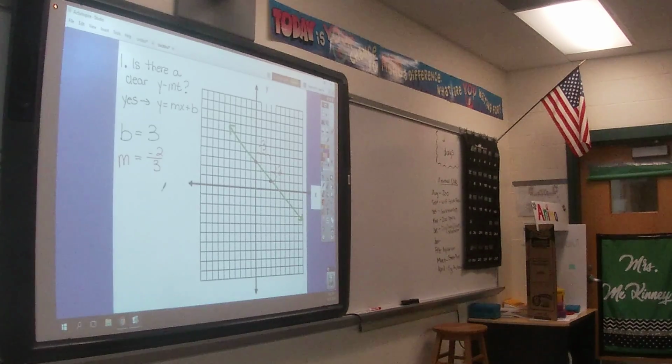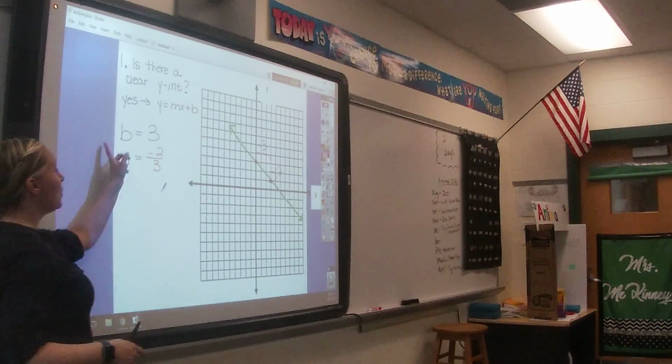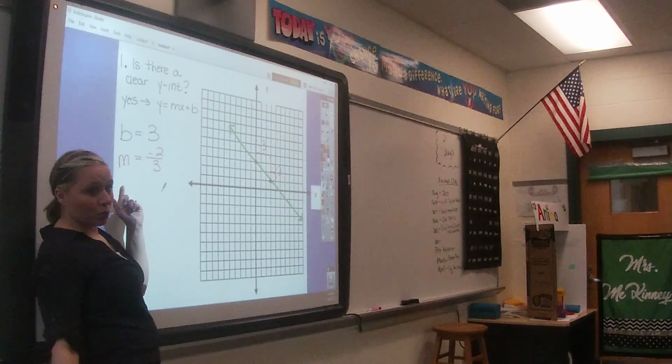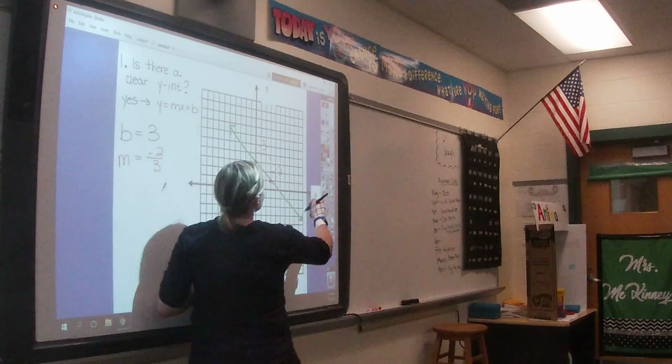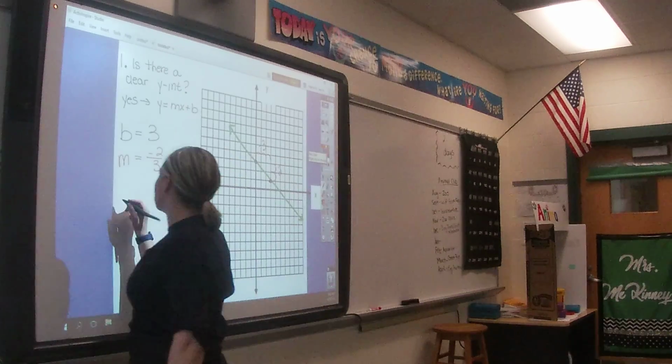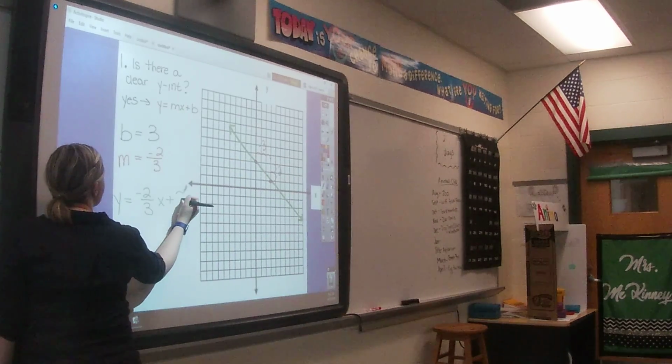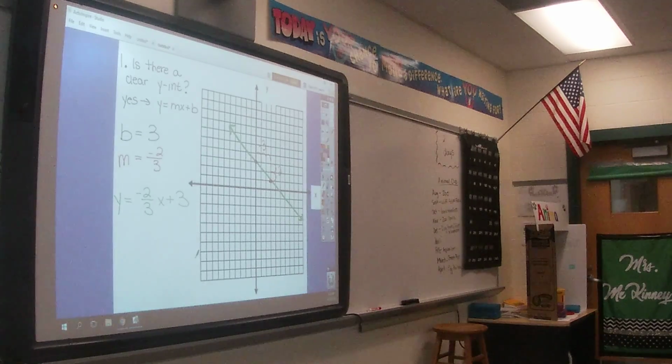We've already assessed on that. That's been on quiz number 3. So now that we have this info, we can just plug it into slope-intercept form, just like we were just practicing. So we'll say, that then tells us that y equals negative 2/3 x plus 3.